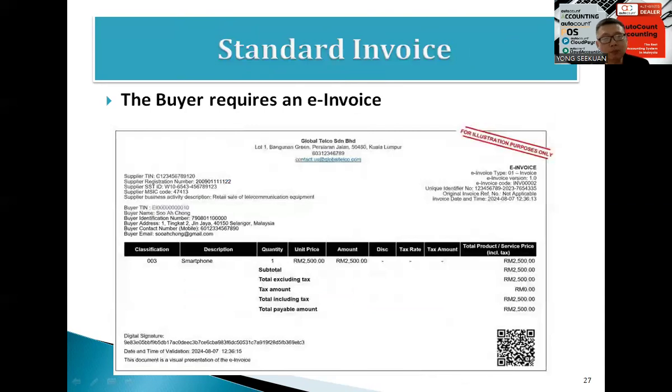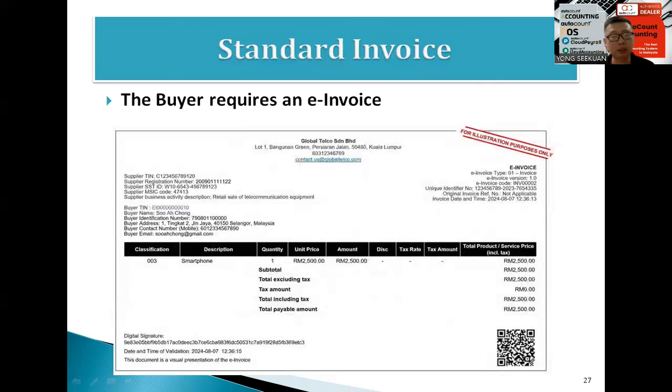So the standard invoice is basically the same as your current invoice, and you don't need to follow exactly the format in the sample the government gave in the guideline. You can still remain with your invoice format. But you may need to add a QR code to your invoice. You see in this sample, at the bottom right, there is a QR code.